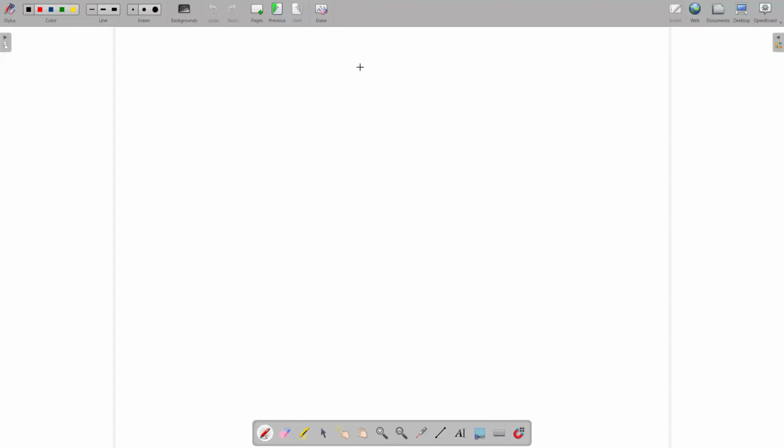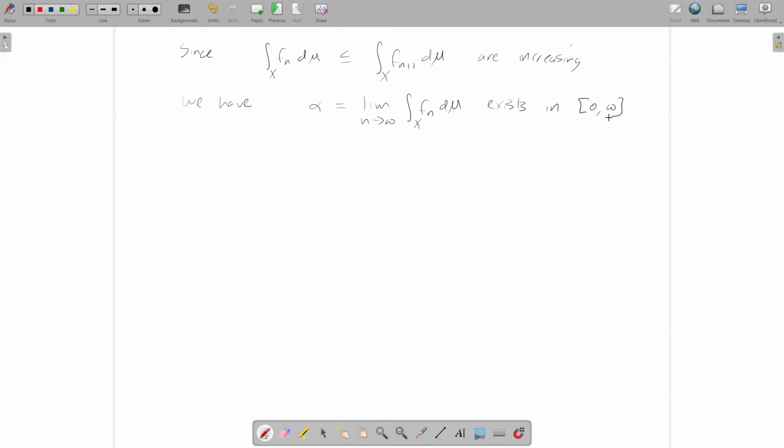So since these integrals here are increasing, we have that the limit as n goes to infinity of the integral exists in the interval from 0 to infinity, including possibly infinity.